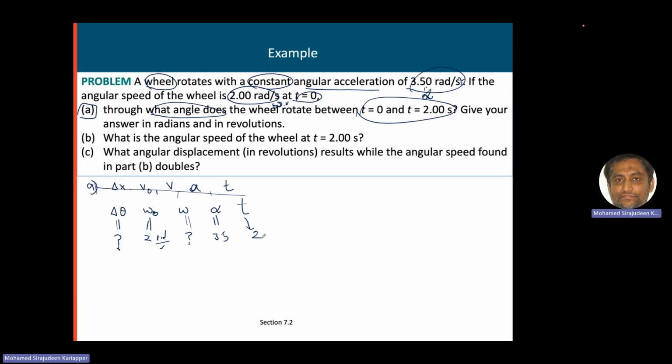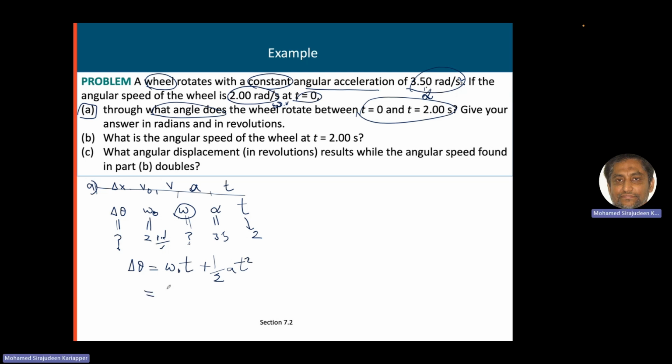Which equation should I apply? I'm not interested in the final velocity, right? So I have to look for the equation that doesn't have the final velocity, namely this equation. Substitute and get the answer.